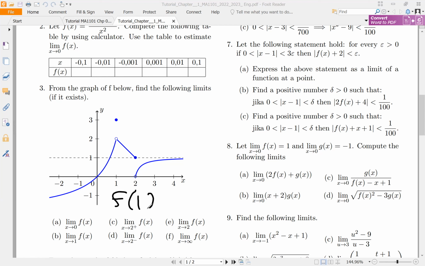What is the value of f(2)? And then also this limit. First let us think about this problem. The idea is simple. You are given the graph of the function, and you have to know what is the limit, either the left-hand limit or the right-hand limit, at the given number. I will give you a moment, and then I will discuss it.